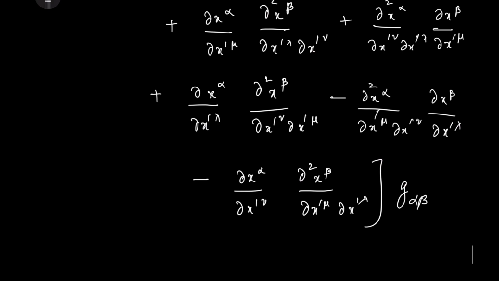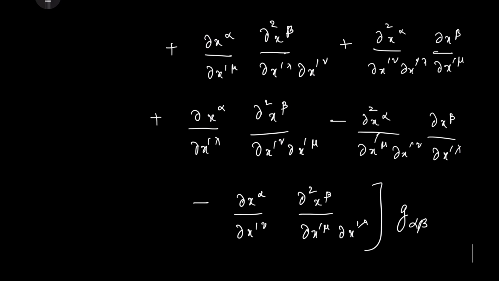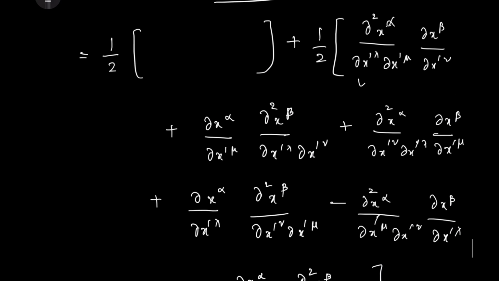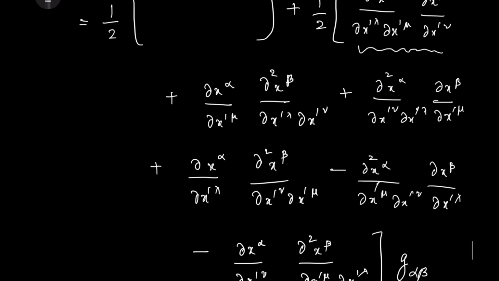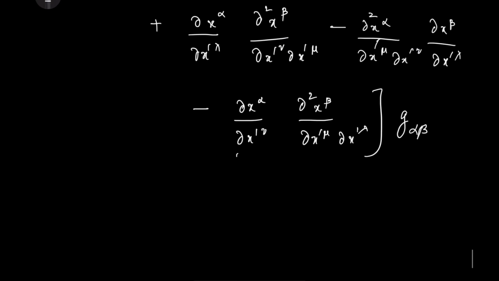Okay, so if you see here, this term and this term, actually we can interchange alpha and beta, because the fundamental metric tensor g alpha beta is equal to g beta alpha, which means that we can interchange alpha and beta, and a few terms will get cancelled.